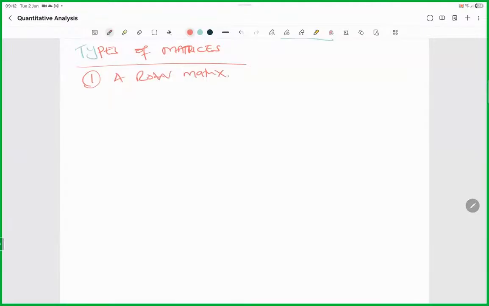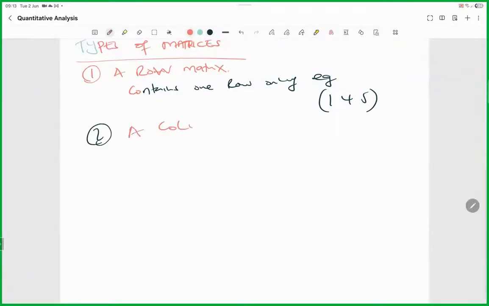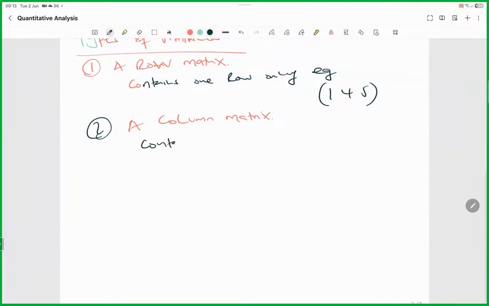A row matrix contains one row only, for example, 1, 4, 5 is a row matrix. A column matrix contains one column only. It's moving down like that.